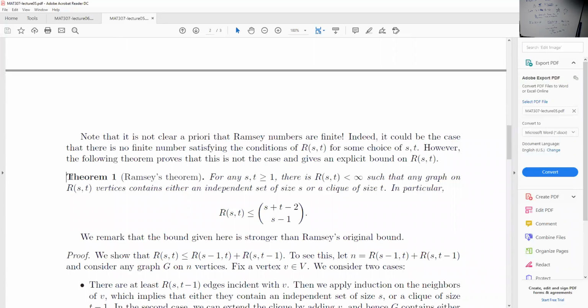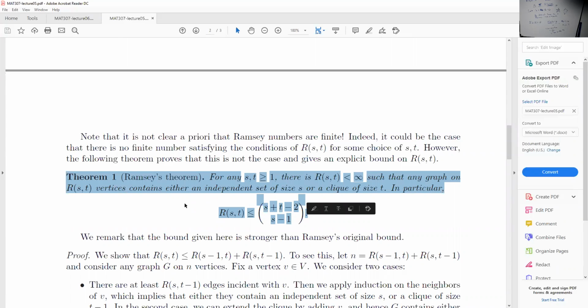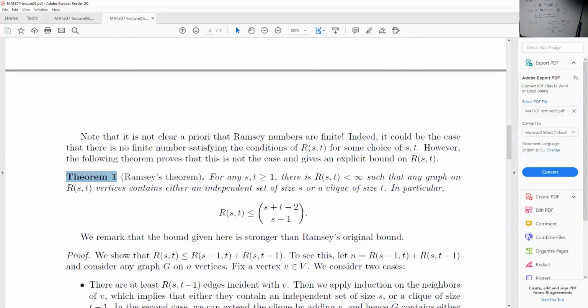Now, Theorem 1 is interesting because Ramsey, the mathematician that developed this field, his original theorem is just that there does exist an integer for each of these cases.